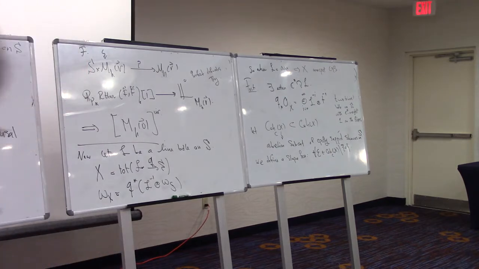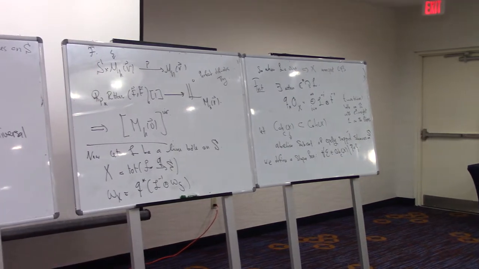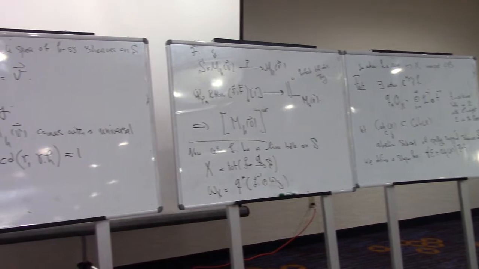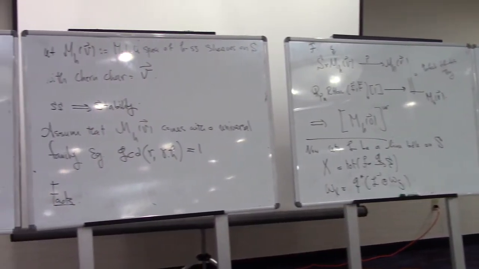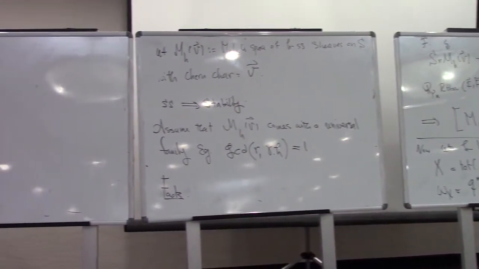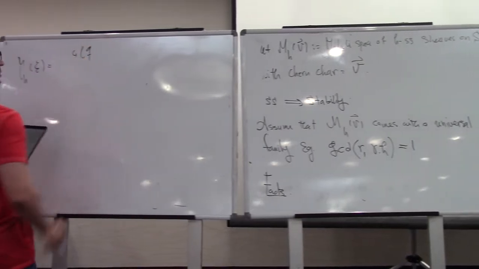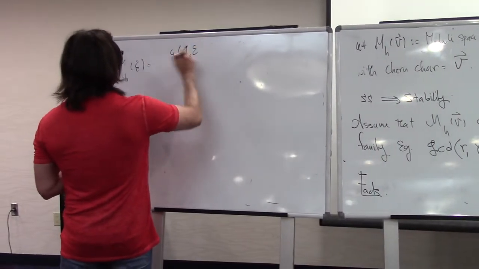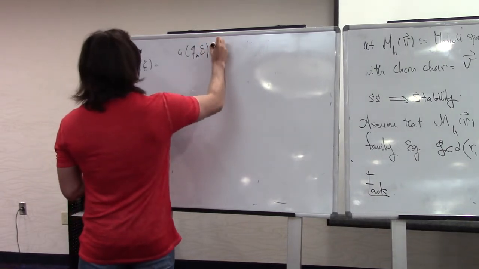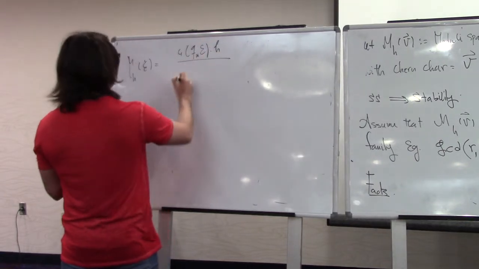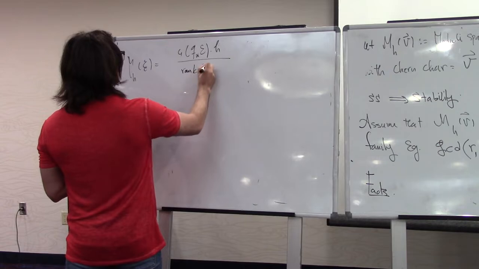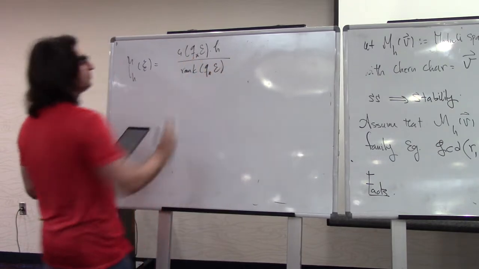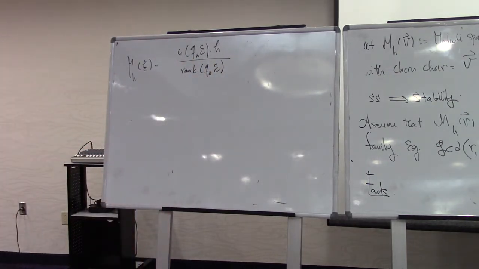Okay, so the H slope of a sheaf like E is going to be again the first Chern class of the push forward of that sheaf onto the surface, again paired with the hyperplane class, divided by the rank of that sheaf after being pushed forward onto the surface.